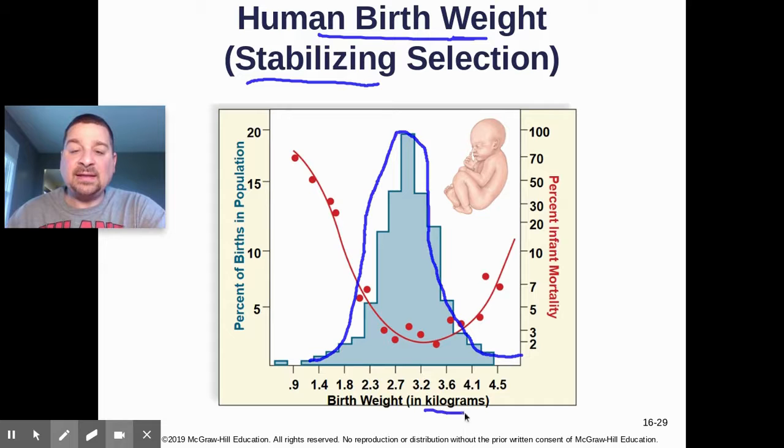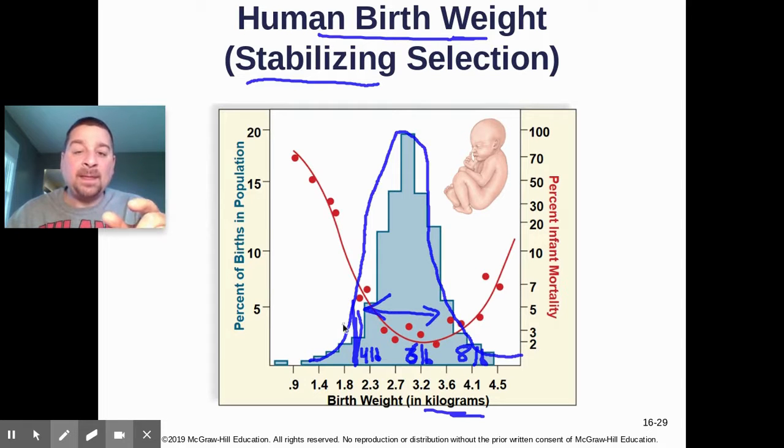Again, this is in kilograms, but 2.2 kilograms is about 4 pounds. 3 kilograms is about 6 pounds, and 4 is about 8 pounds. So you see this narrow range of like 4 to 8 pounds. That's a very narrow birth weight.